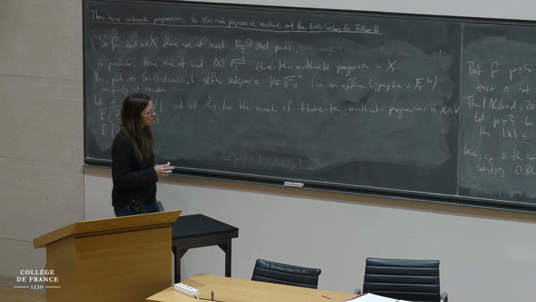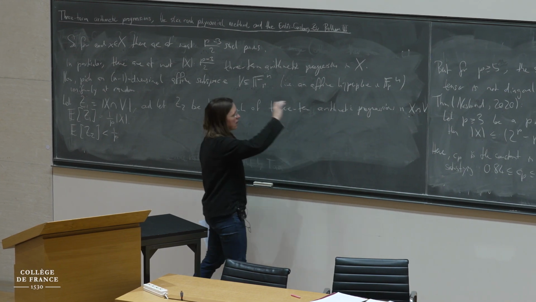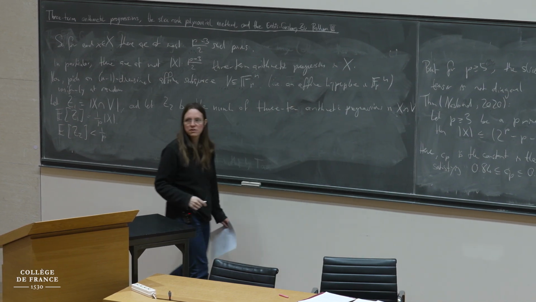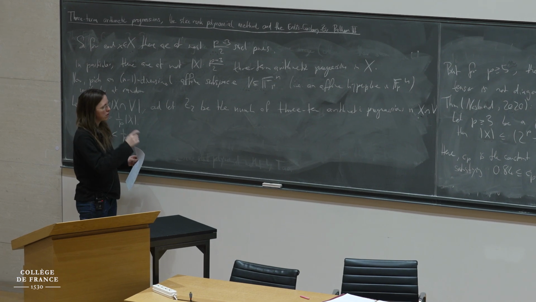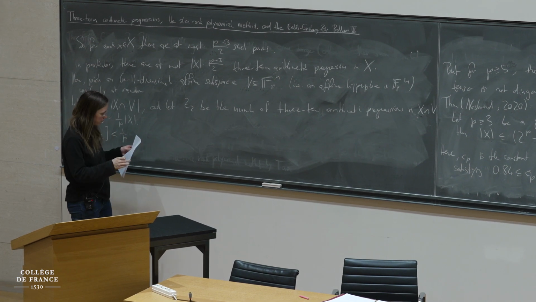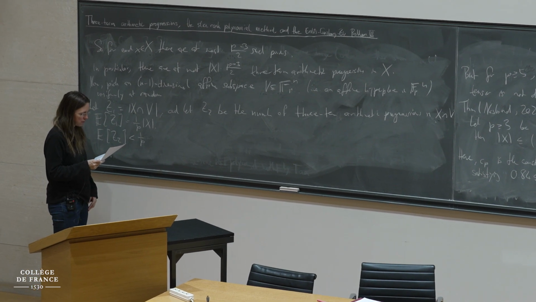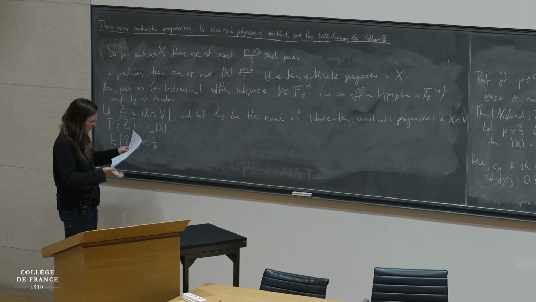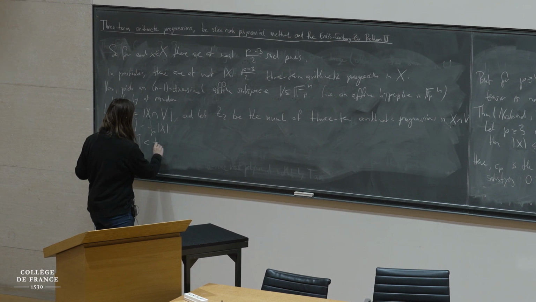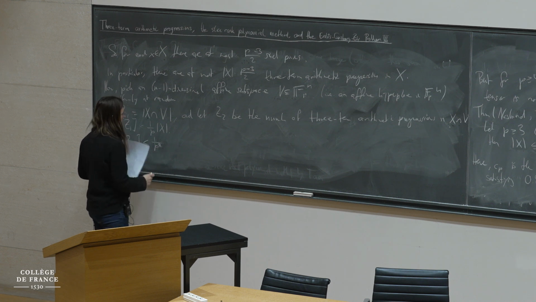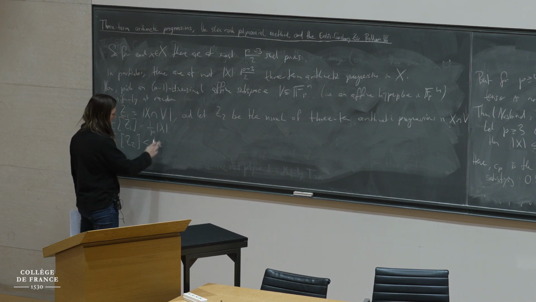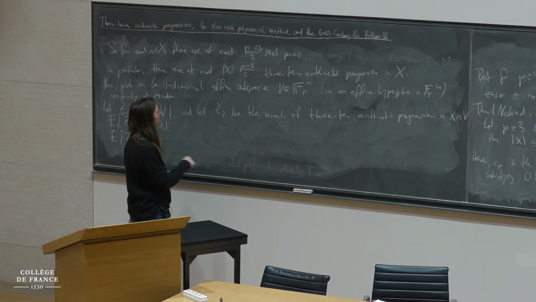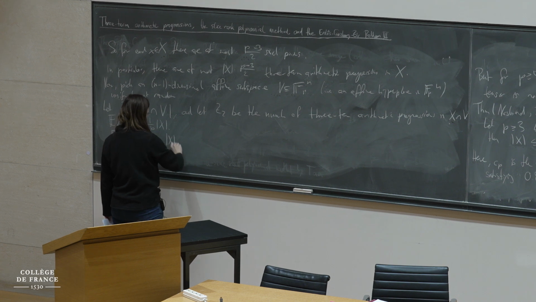So for every three-term progression in X, the probability that the three points lie in V is less than 1 over p squared, because the first point lies in V with probability exactly 1 over p, and then for the second point the probability is something like (p to the n minus 1 divided by p to the n minus 1, minus 1 divided by p to the n minus 1), which is a little bit less than 1 over p. So every three-term progression in X lies in V with probability less than 1 over p squared, and then the question is how many three-term progressions there are in X. Well, at most that many. We already calculated that.